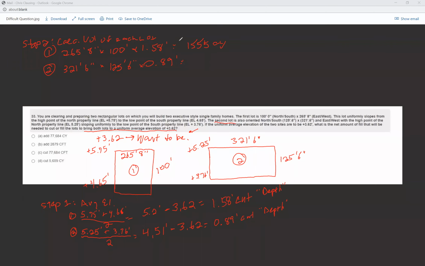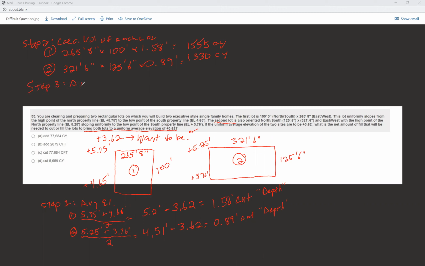Second lot is 321 feet 6 inches times 125 feet 6 inches times 0.89 feet equals, so that gives us cubic feet. I want to just go to yards. So I'm going to say 1330. It's a nice round number. So on this one, we have 1330 cubic yards.